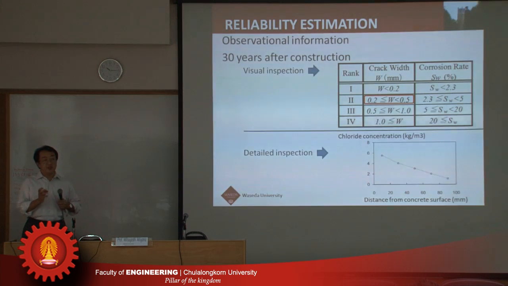And we assumed that at 30 years after construction, we can obtain crack widths ranging between 0.2 millimeter and 0.5 millimeter from visual inspection. And also, at 30 years after construction, chloride concentration is provided by coring test, like this.